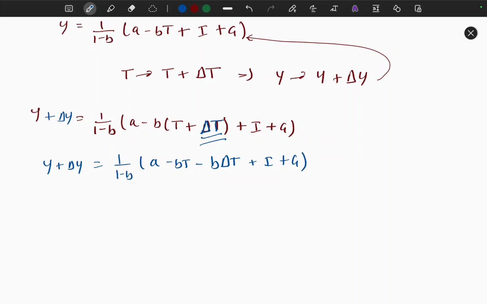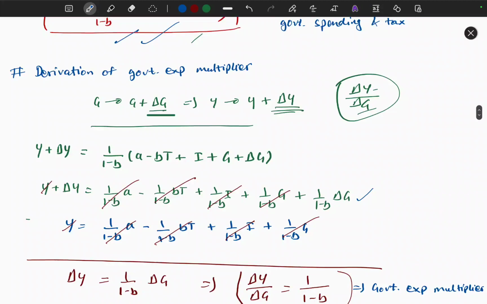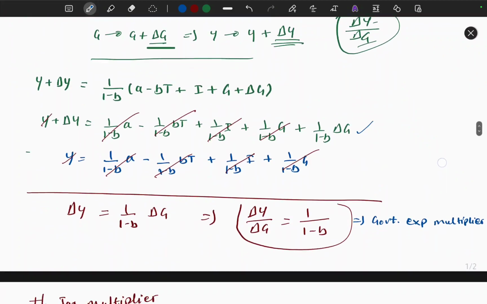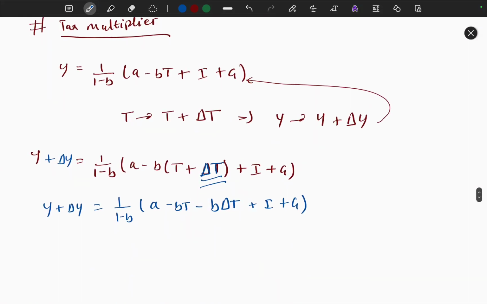Now, previously, while deriving the government expenditure multiplier, I subtracted the original equation from the new equation. I'm going to do the same thing here, and what we will be left with is only the changes that we are concerned about.